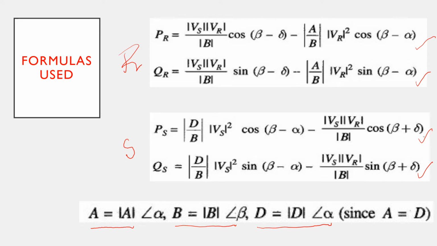We are going to calculate the real and reactive power at both sending and receiving end using the sending end voltage and receiving end voltage and the angles alpha, beta and delta. Delta is the power angle, which is the voltage phase angle between the generator bus and the load bus.